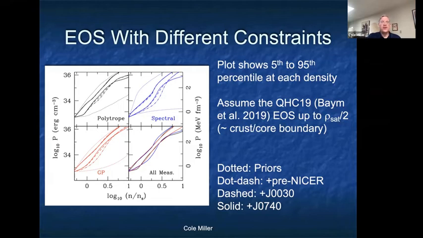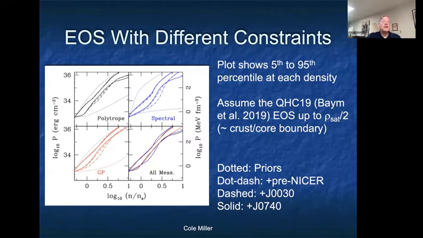We choose as our known equation of state up to that density the QHC19 equation of state from Baym et al. But note that if we were to choose other popular examples such as SLy4 or whatever, we'd get basically the same answer. So this is the reason why at the left end of each of these diagrams we go to a point, because at that point we claim we know what's going on.